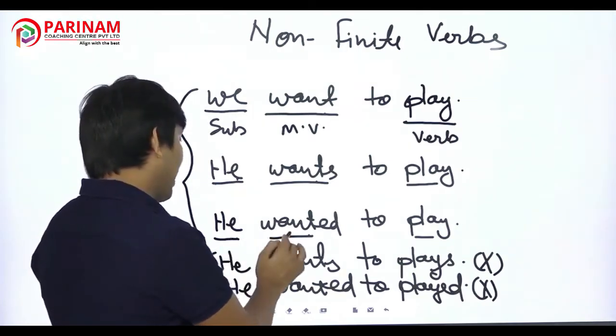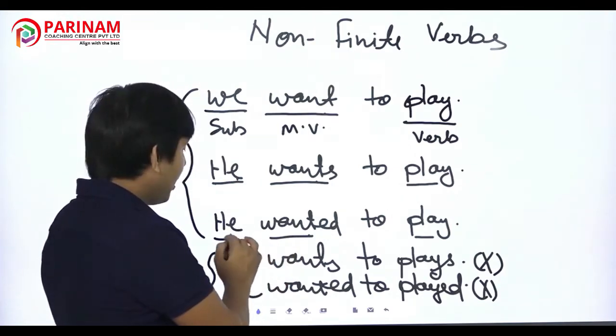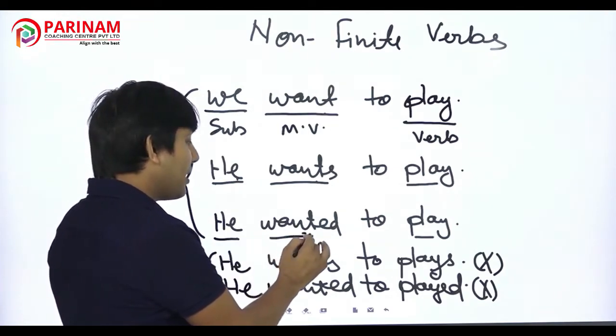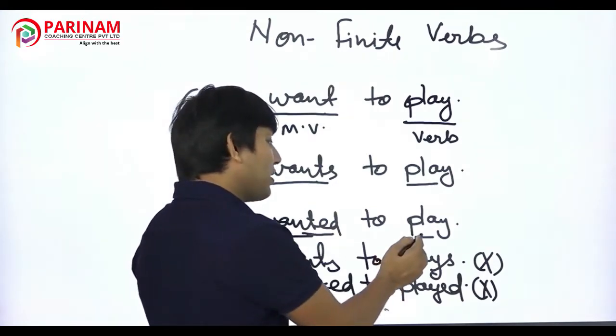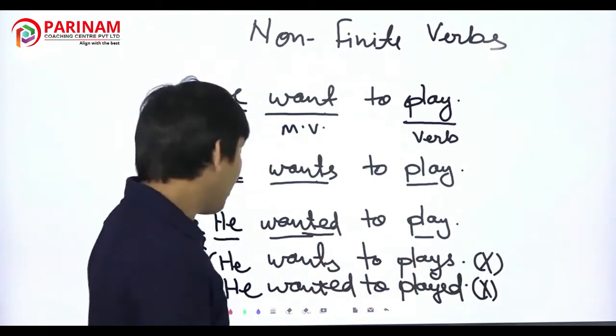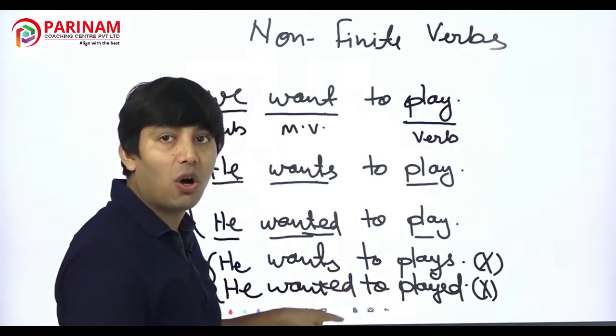But here let's understand the third sentence. Here I changed the tense. I wrote it in past indefinite tense. It is written, he wanted to play. Wanted is the second form of the verb, and here play is the first form of the verb. When I wrote he wanted to played, you said this sentence is wrong.